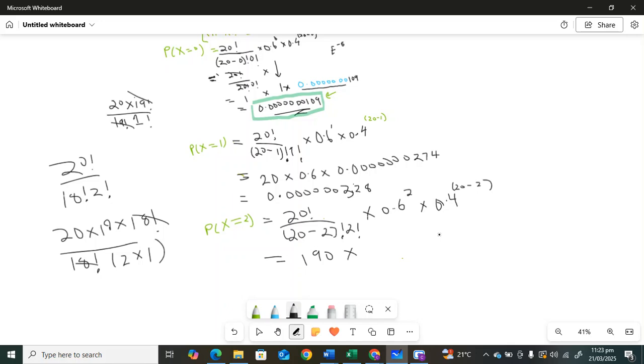Okay. Yes, 0.6 to the power 2. 0.4 to the power 18.